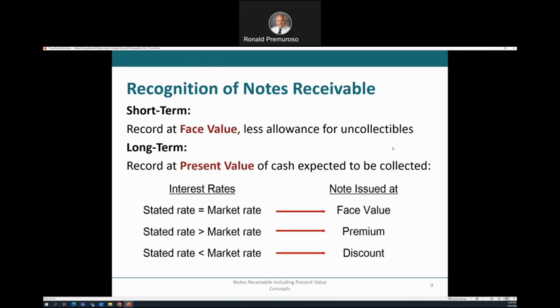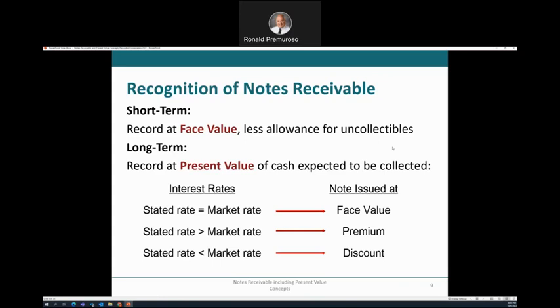You can see also on slide 9, there are two columns. One is the interest rates, and the other one is for the note issued at value. So if the stated rate included in the note agreement is equal to the prevailing market rate on the date a note agreement is signed, again, these notes are issued at and recorded at their face value.